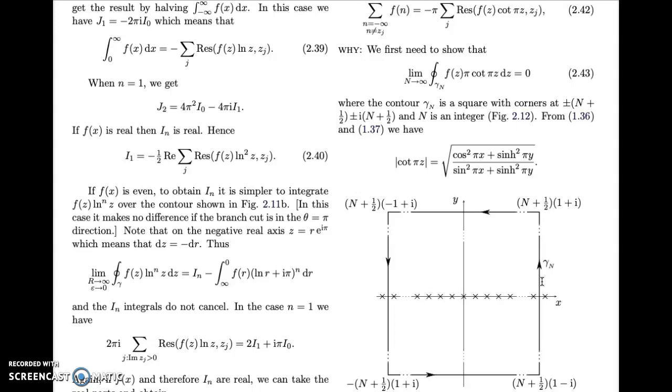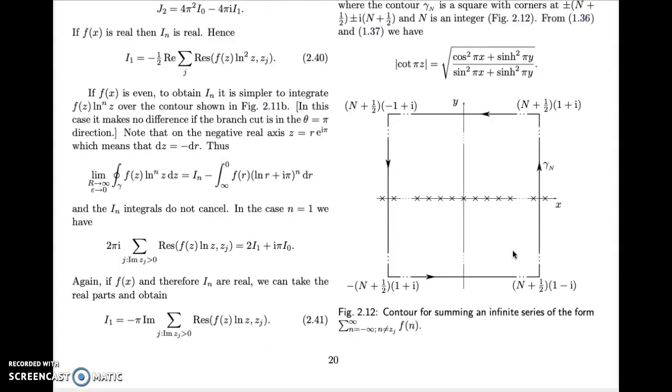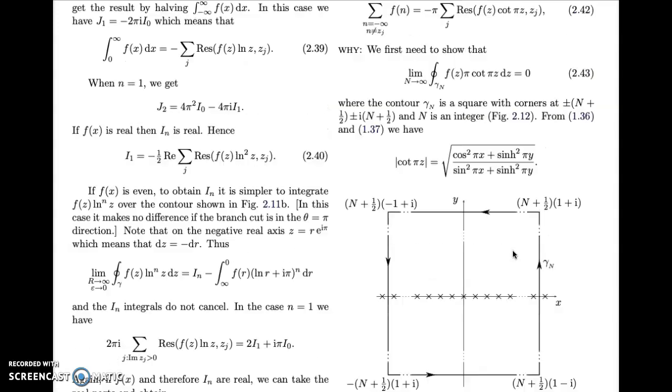What we actually need to show is that the integral along these four lines goes to 0 as n goes to infinity. I'm not going to talk about that now, you can read it in the notes. So we end up with this thing equaling 0, but of course it is also equal to 2 pi i times the sum of the residues of this function.